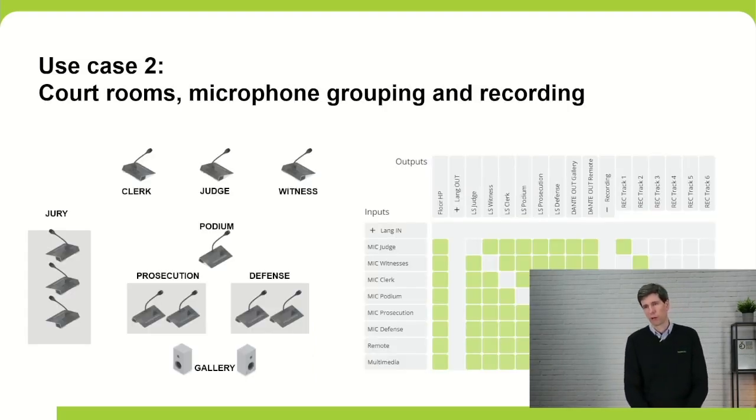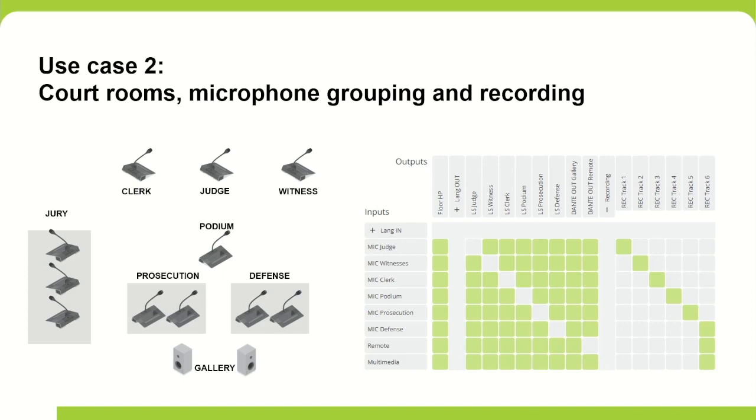For example, courtrooms, where we typically have clerk, judge, witness, podium, prosecution, defense, and jury. All of these want to have good audio, a microphone, but do not want to hear themselves in their speakers. So we have a kind of mix minus in combination with hands-free mode.